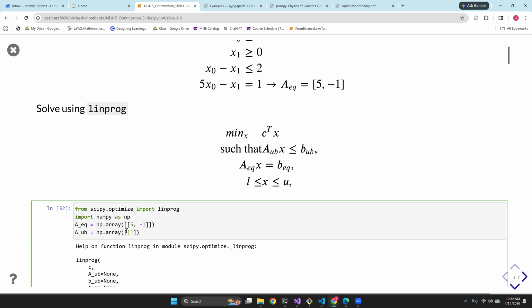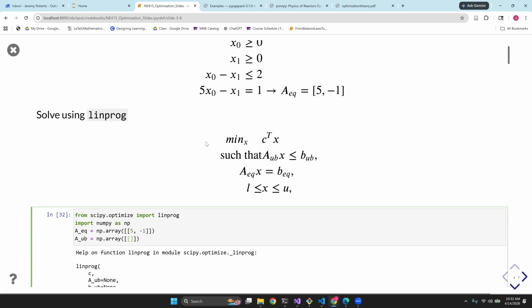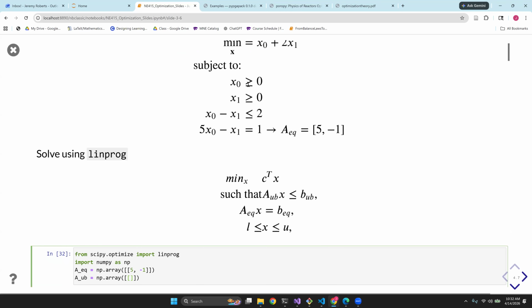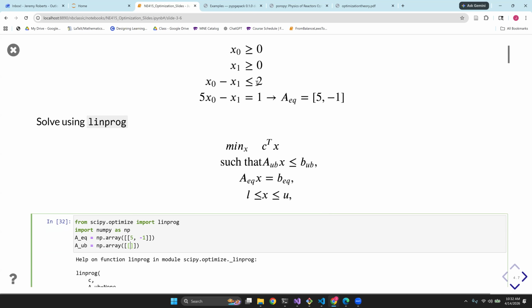3 by 2, right? So what's the first row? Remember, this has to be A times x less than b. So we've got the x0 greater than 0. That should be minus 1 times 0.